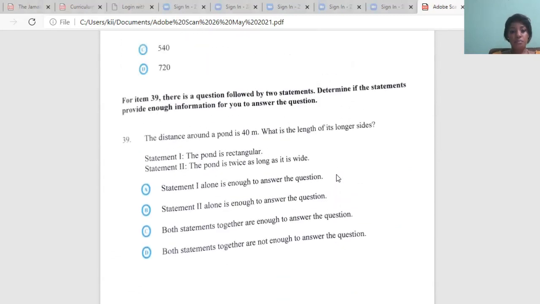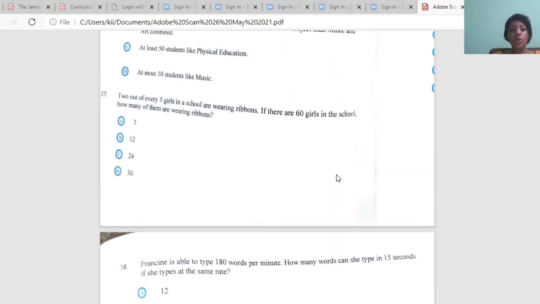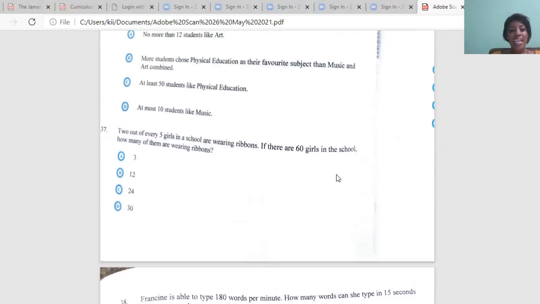Another question that was a tad bit challenging was also 39. So I realized that once we got closer towards the end, 39, 40, it was just really getting to soak in that yes, we're doing an examination.